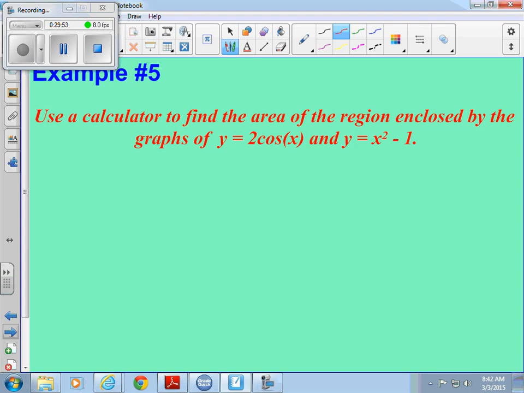So, use a calculator to find the area enclosed by 2 cosine of x and x squared minus 1. So graph those.